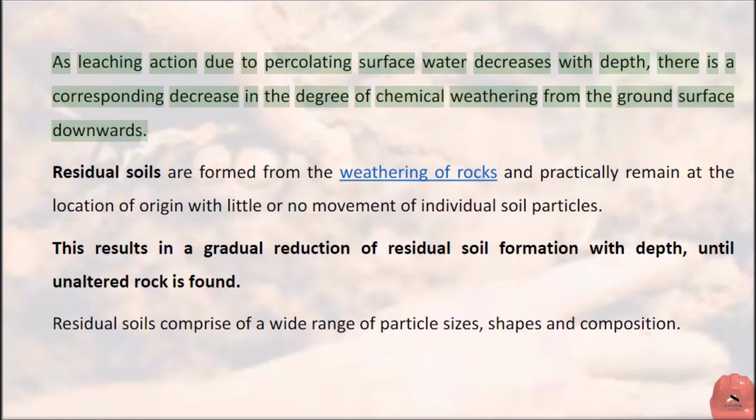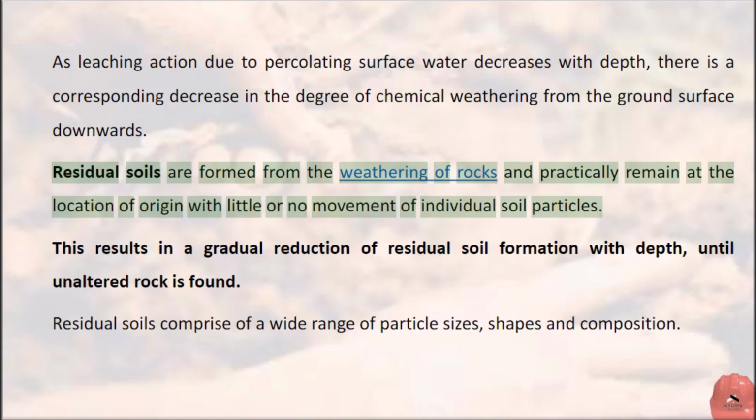As leaching action due to percolating surface water decreases with depth, there is a corresponding decrease in the degree of chemical weathering from the ground surface downwards. Residual soils are formed from the weathering of rocks and practically remain at the location of origin with little or no movement of individual soil particles.